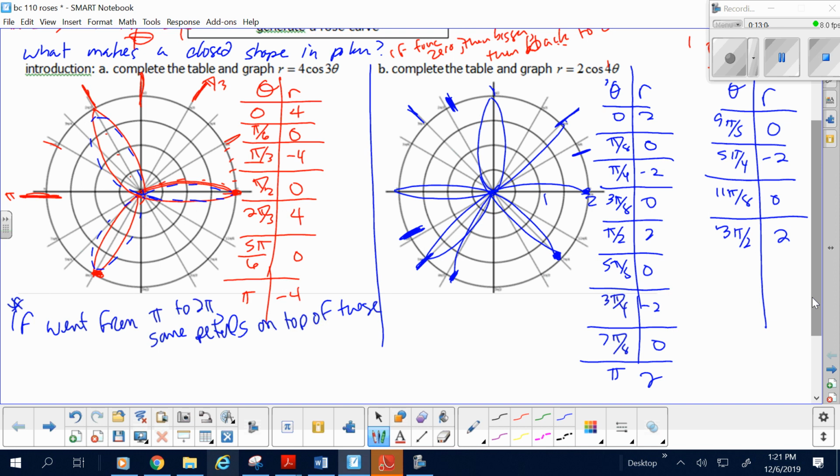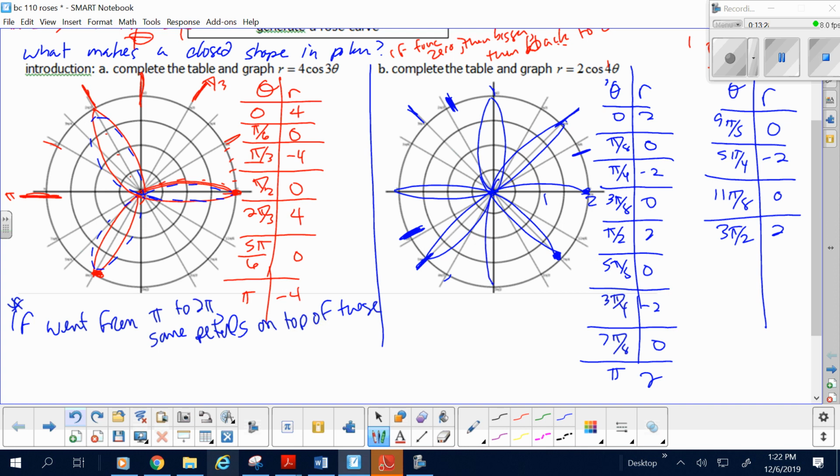Oh, I screwed up. I didn't go back to 0. Okay, so 0, sorry. I just got myself off. 0, 12 pi, we said that was 2. Oh, forward 2, I got you.